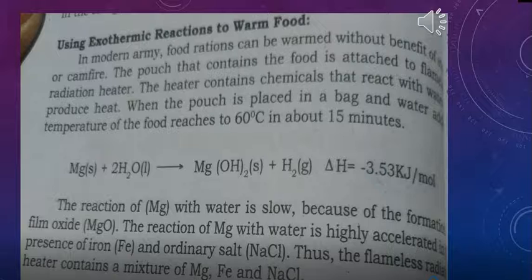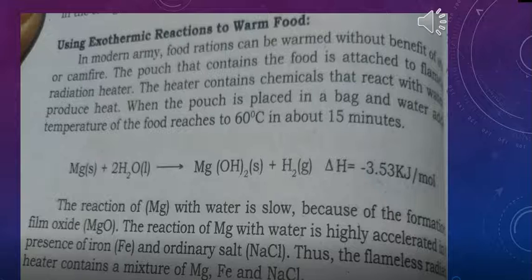In the second paragraph, you can see it is written that the reaction of magnesium with water is slow, and we cannot wait much longer for the warming of the food. So because of the formation of magnesium oxide, the reaction of magnesium with water is highly accelerated, meaning we are going to speed up the reaction by adding some iron and some ordinary salt.